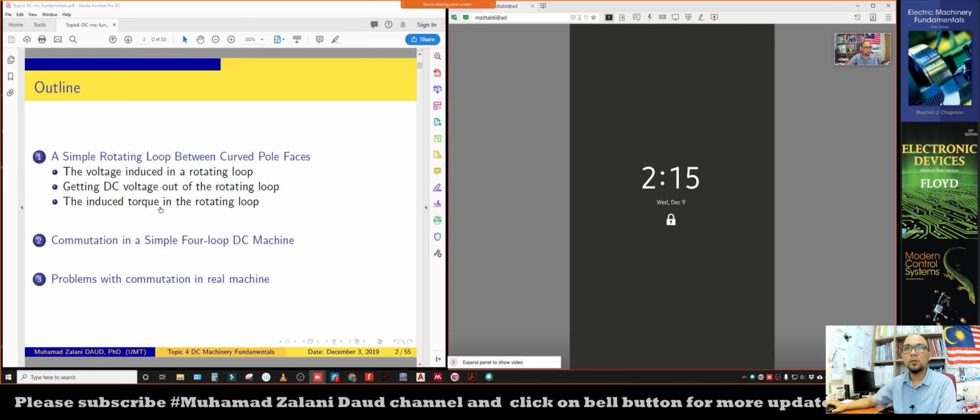Okay, and then the third one, as you can see here, is the induced torque in the rotating loop. So when we talk about torque, basically what we can imagine is the force. Okay, because torque is the radius cross force, right? So basically, when the force is induced, of course, the torque also will be induced. And then when we talk about torque, basically it is the action of the motor, which is when we pass current to the rotating wire loop.